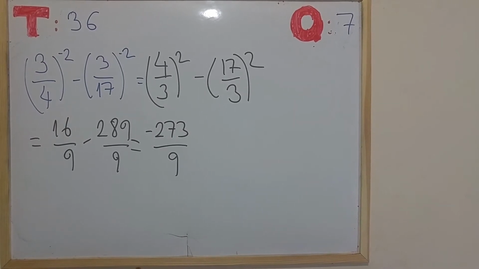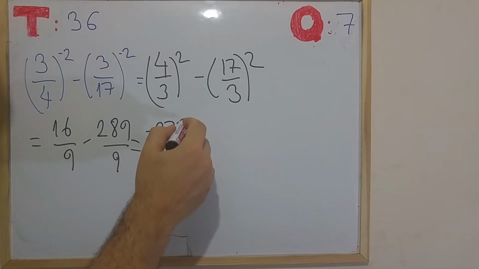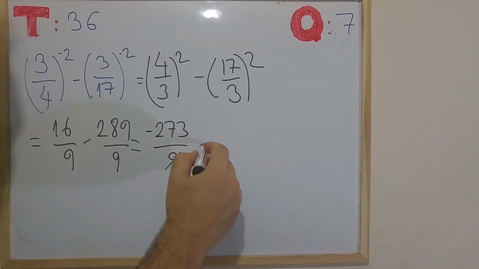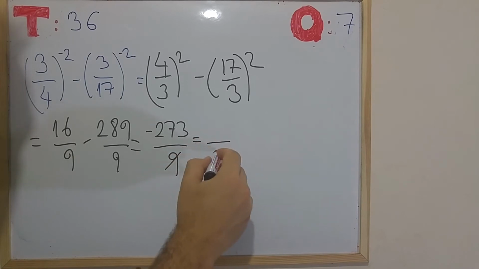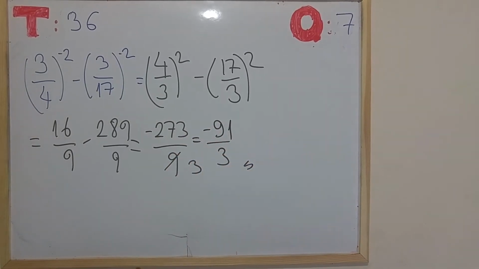And 273 is divisible by 3, so I can simplify it. This is going to be 3 when I simplify by 3. When I do 273 by 3, it's going to be minus 91. This is the result.